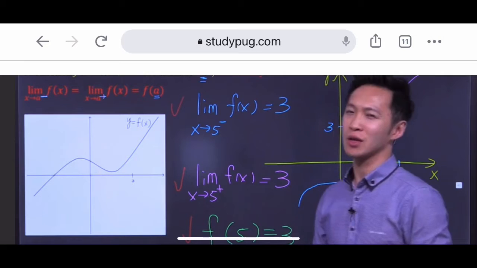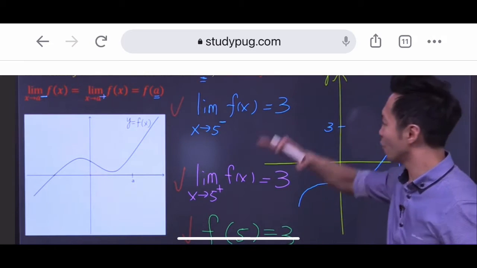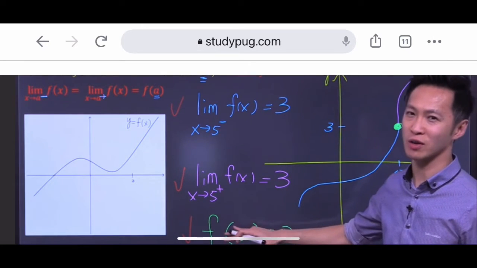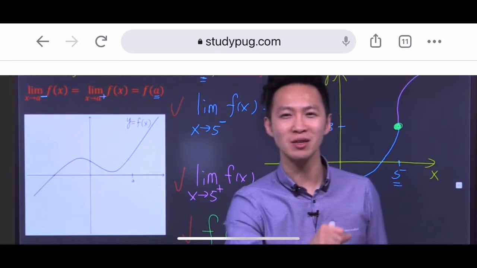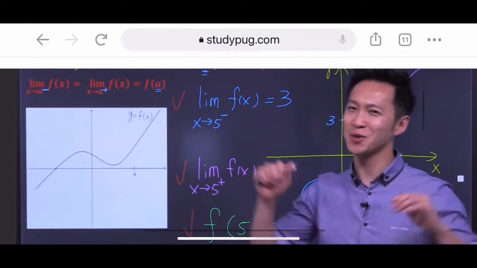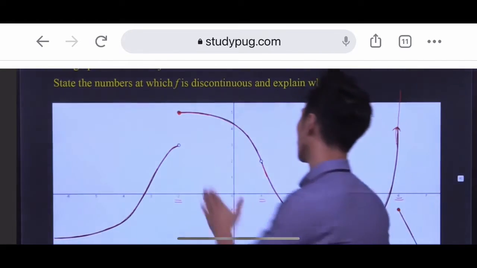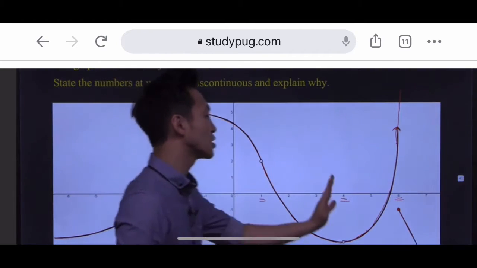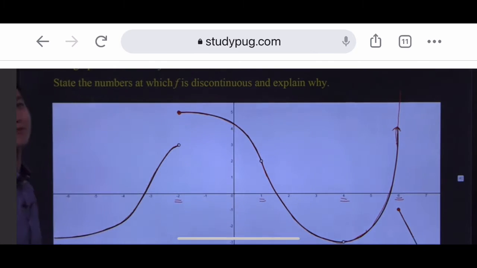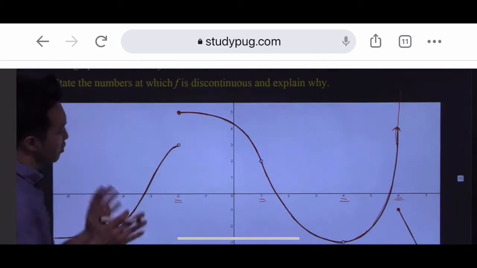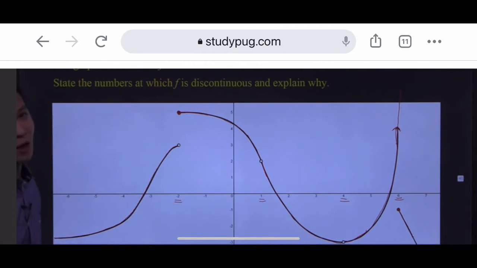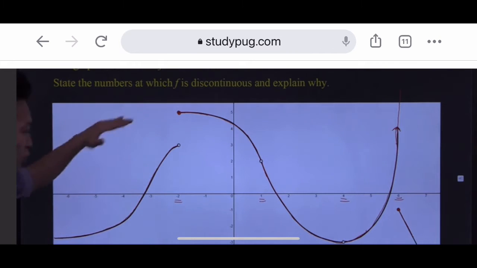In other words, if we do not have all 3 arguments equal to each other, that simply tells us we have a discontinuity. Cool. So now we are ready to explain the reason for each discontinuity in this graph. For each discontinuity, let's quickly list out all 3 arguments.